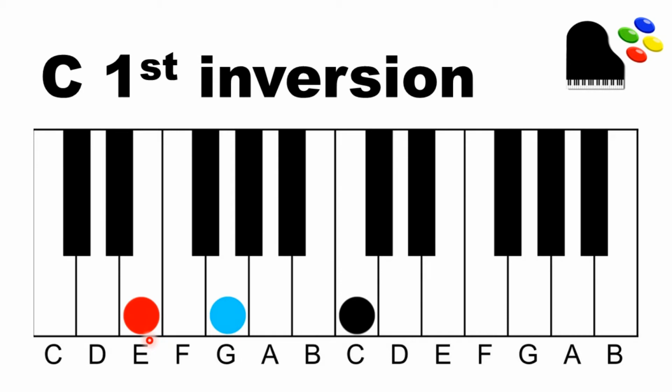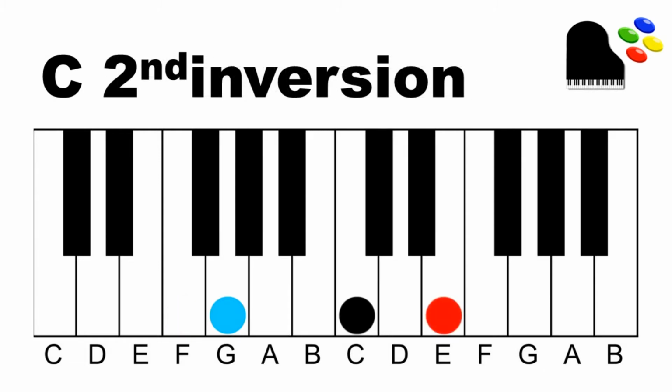We're going to suspend the third and play the fourth. As you can see, the appearance is a little different, but if you're familiar with inversions, you won't be thrown off by it. Okay, C in second inversion. Our root is in the middle now. We took the third and moved it up an octave, and we're going to suspend the third and play the fourth, and this is what it looks like.